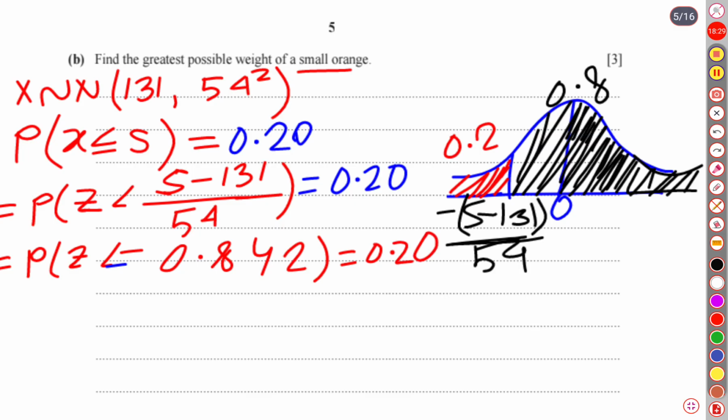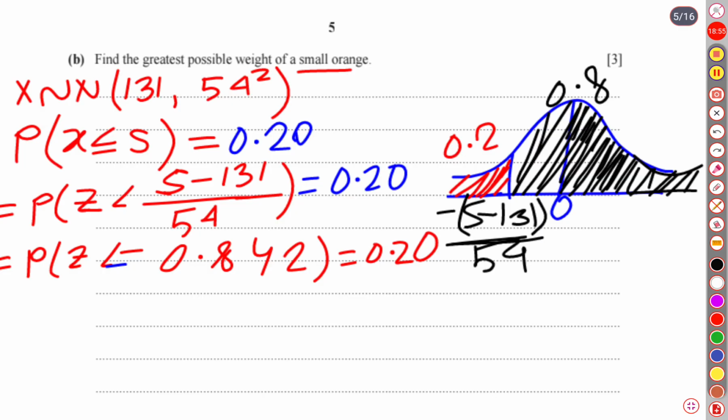We have just found the z score for the corresponding probability of 0.8, because 0.2 you will not find in the normal distribution table. And this is a clue, whenever the probability is given less than 0.5, then we will opt for the greater probability, and the z score will remain unchanged.